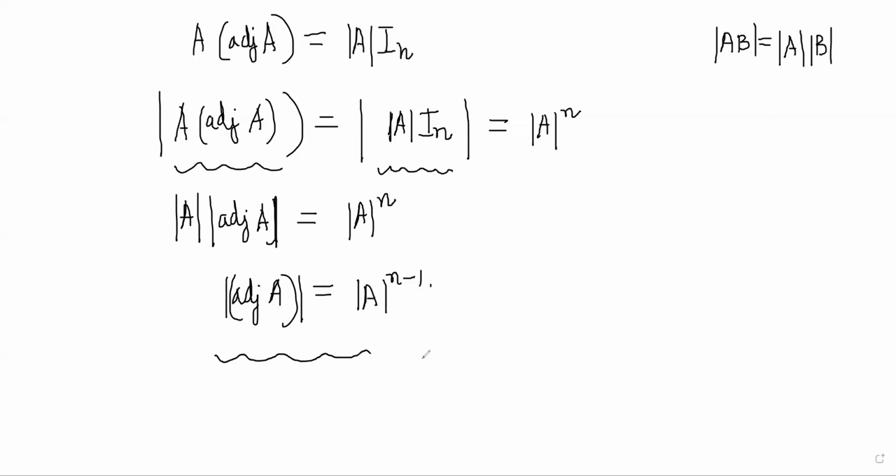So you are getting this result that if A is a non-singular square matrix of order n, det of adjoint A is this much.